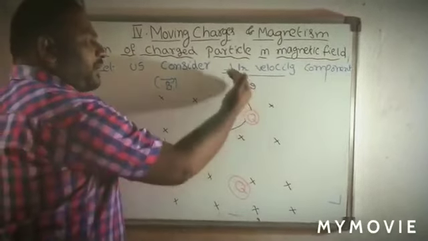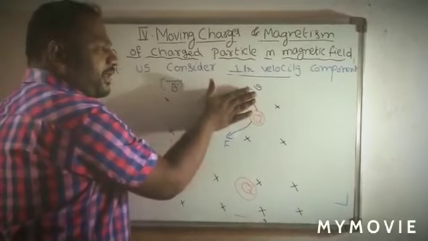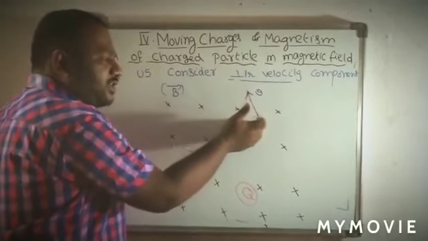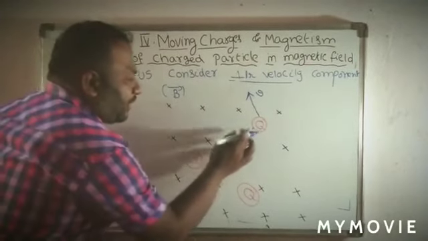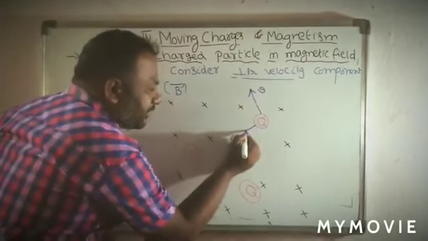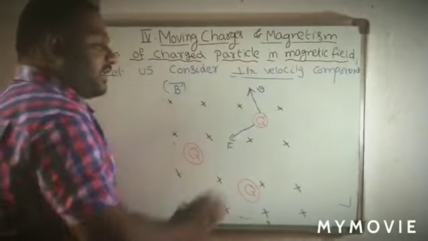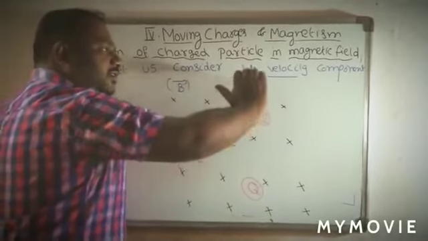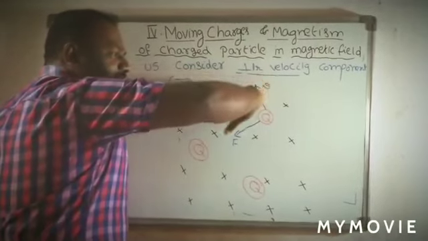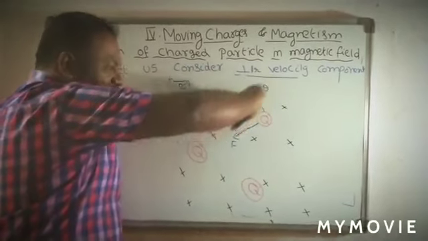If the perpendicular component were not there, the charged particle would move in this manner. But whenever the perpendicular velocity component is there, when we curl our fingers from velocity to the field, the force direction is like this.